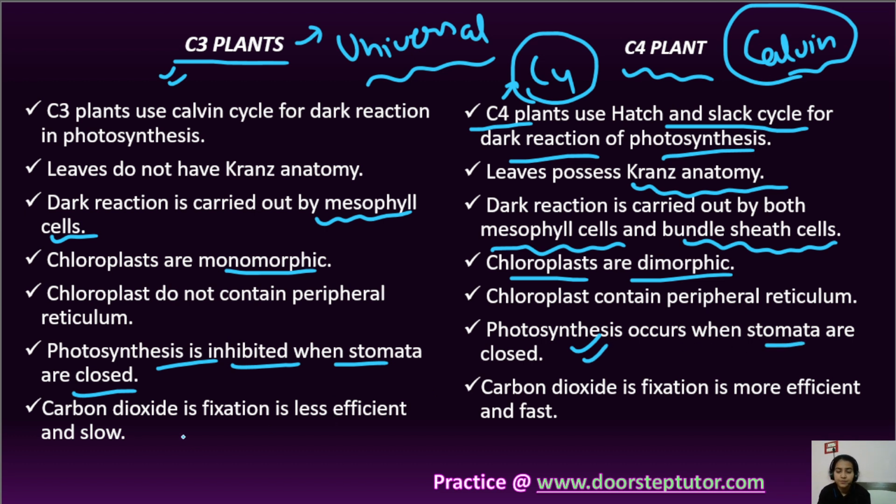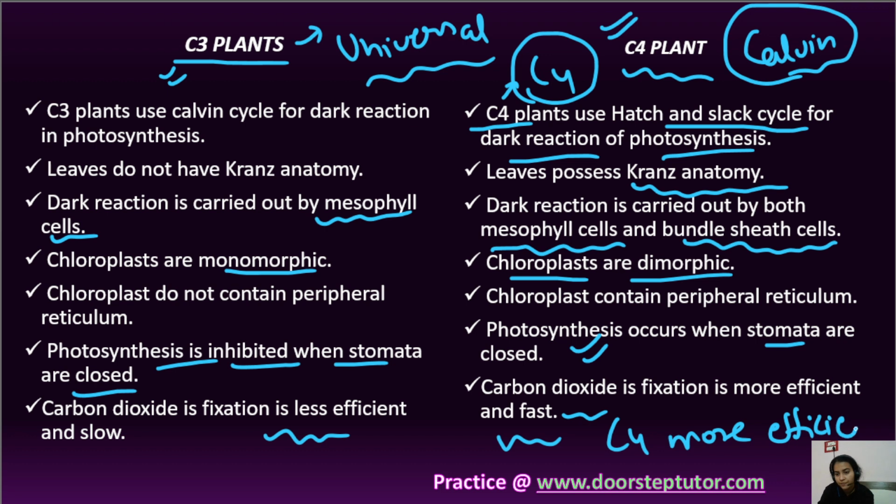After this, in C3 plants the carbon dioxide fixation is less efficient, while in C4 plants the carbon dioxide fixation is more efficient and faster. So we can say that economically C4 plants are more efficient.